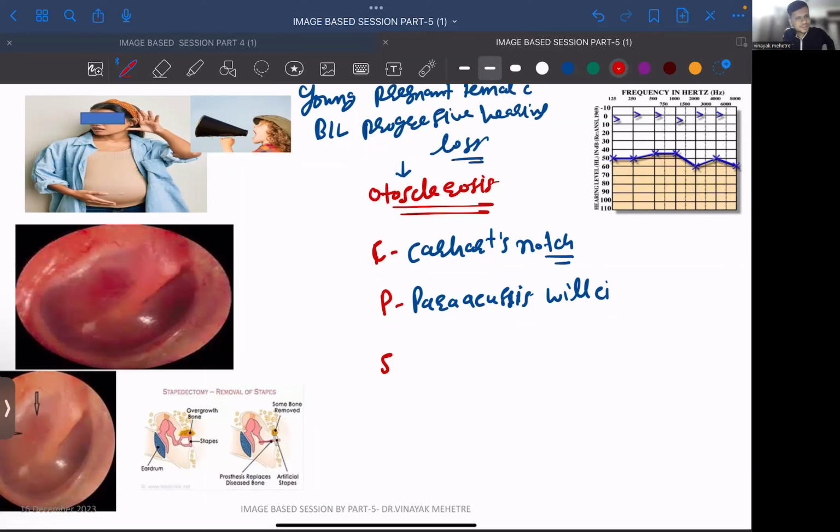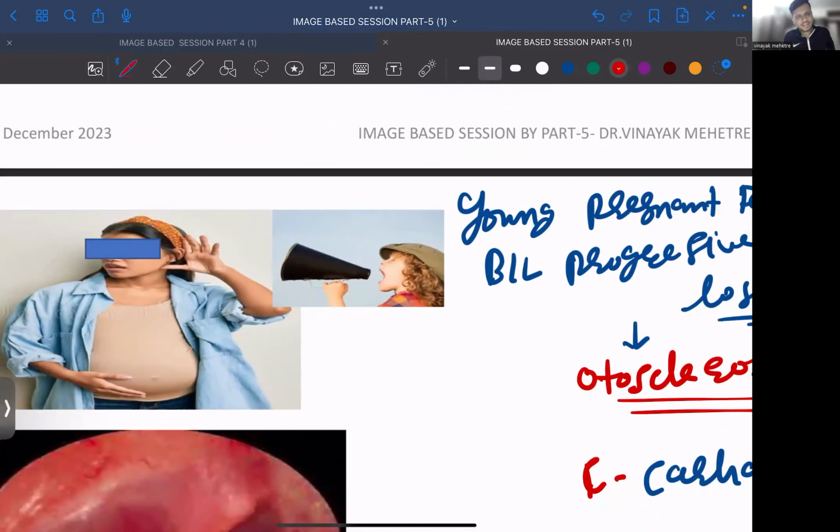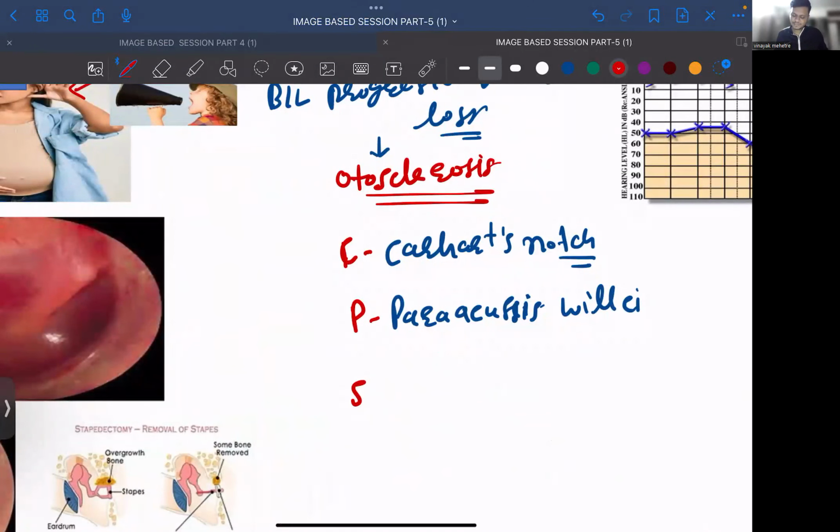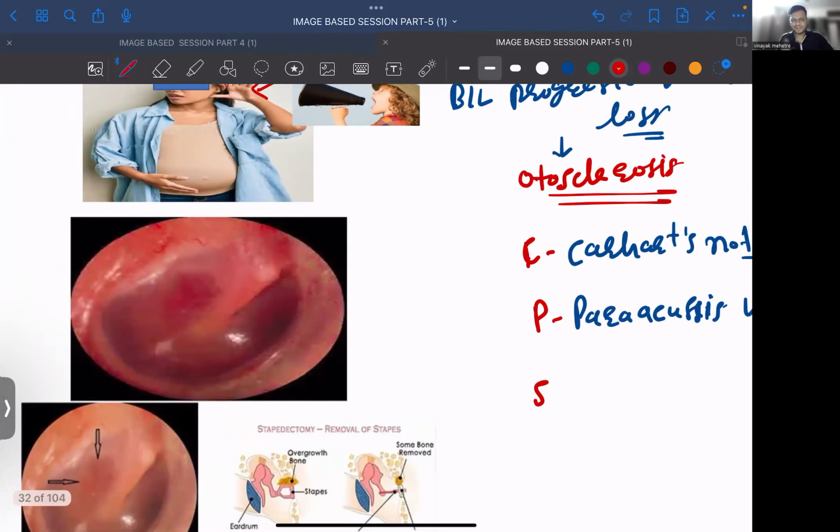Now, God has given them a disease where they will hear better only in shouting. ठीक है, बदला. क्या नाम है उसका? Paracusis willisii. Hears better in noisy environment. ठीक है, noisy environment, right? और नाम भी खतरनाक है, है ना?